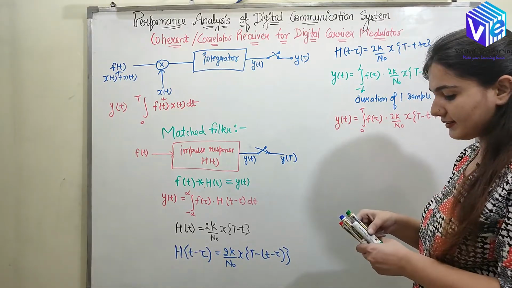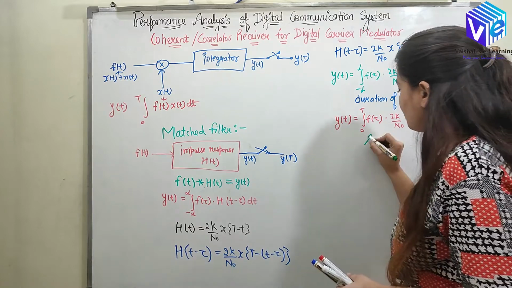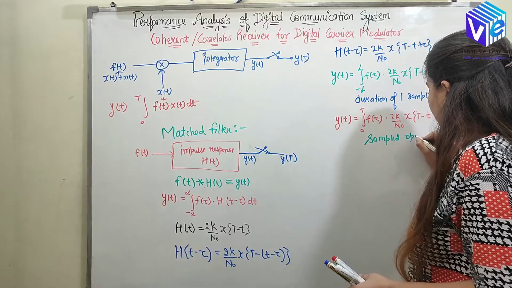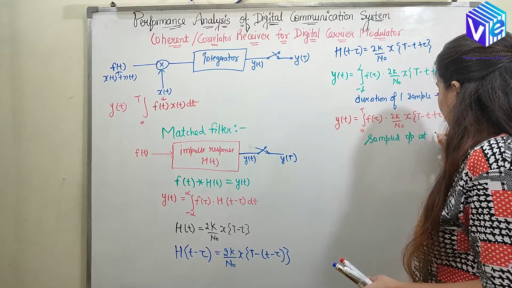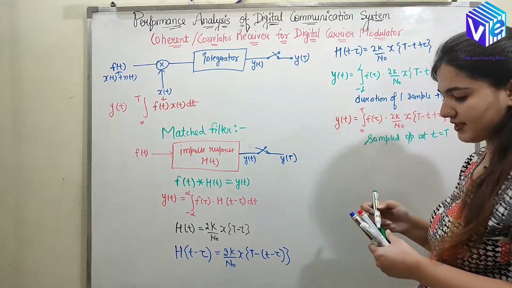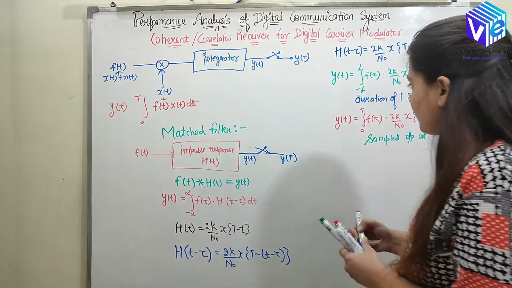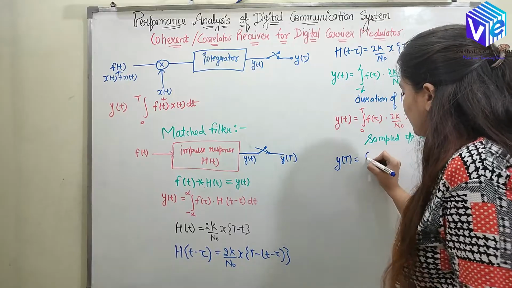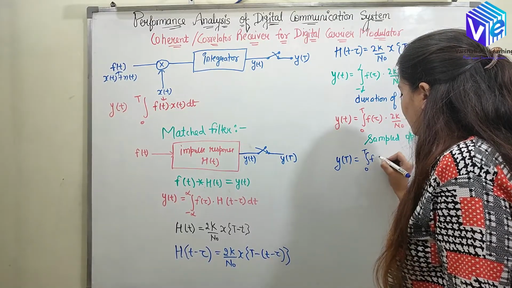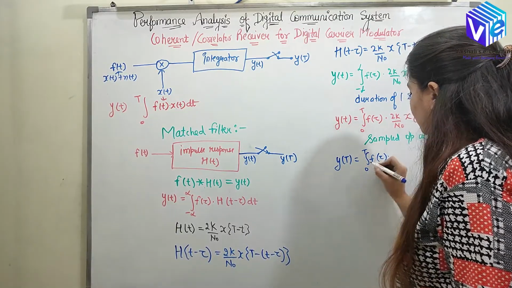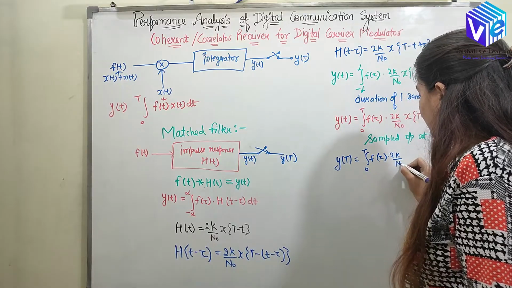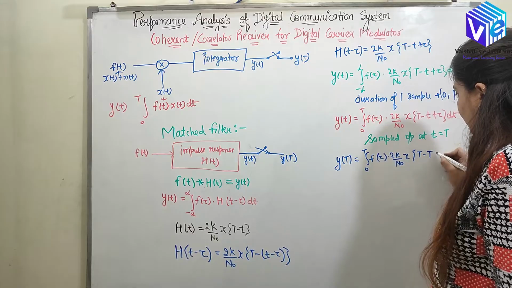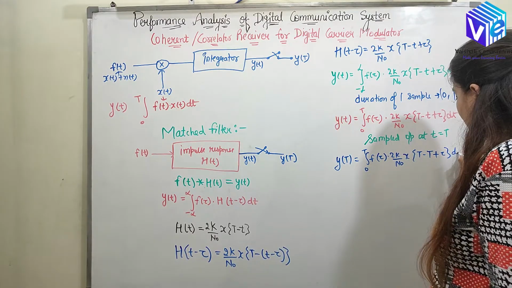Now when I take the sampled output at t is equal to T, the sampled output would be given by y(T) is equal to the integral from 0 to T of f(tau) into 2k by N0 x(T minus, I'll replace this small t by capital T, plus tau) d tau.